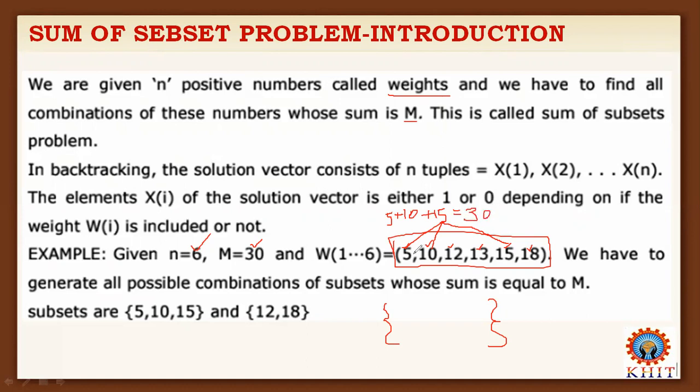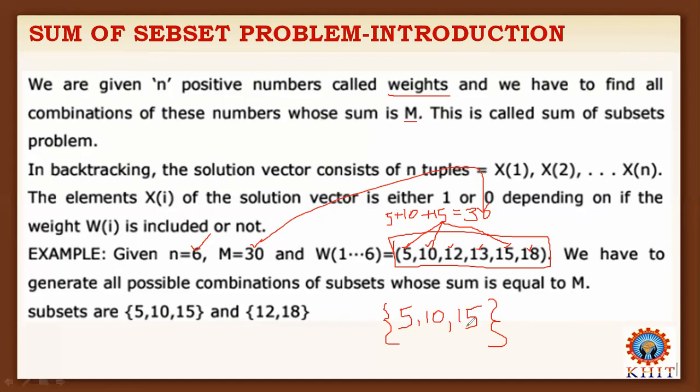So the sum of selected subset elements is equal to the m value. That is called a subset value. Here, what are the subset values? If you select the weights 5, 10, and 15, then only you can say that the set of 5, 10, 15 is considered a subset.